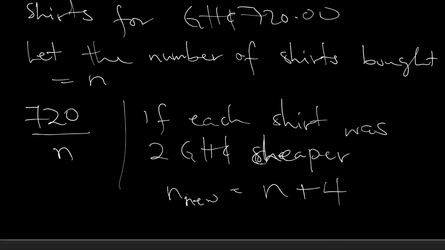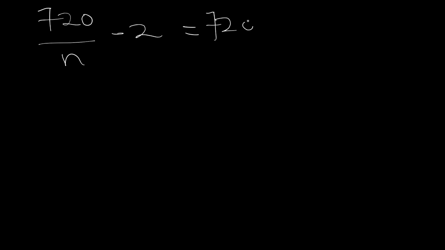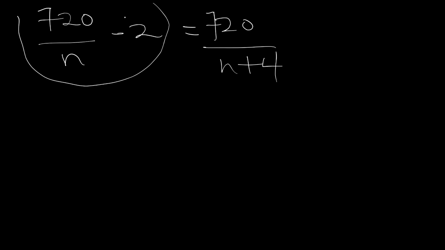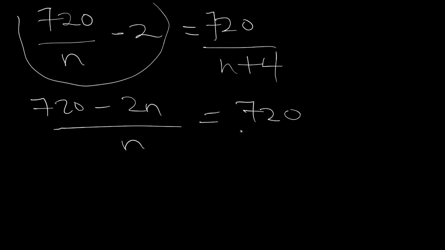So we can rewrite this whole thing as 720 over N minus 2 is equal to 720 over N plus 4. Now this whole thing can be written as 720 minus 2N all over N is equal to 720 all over N plus 4.